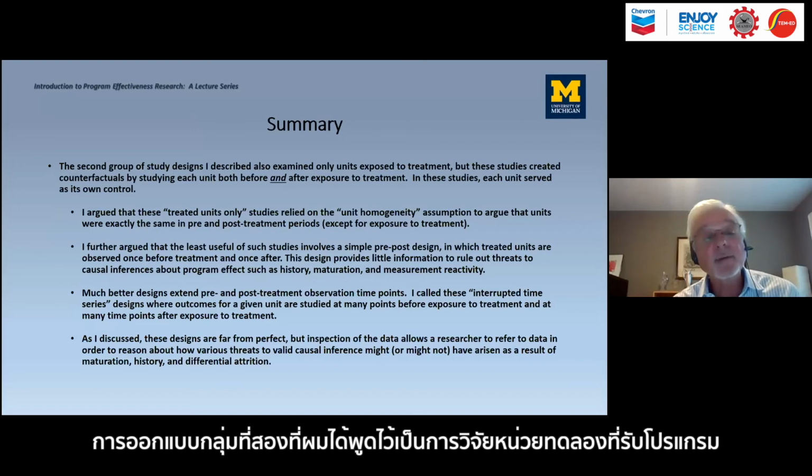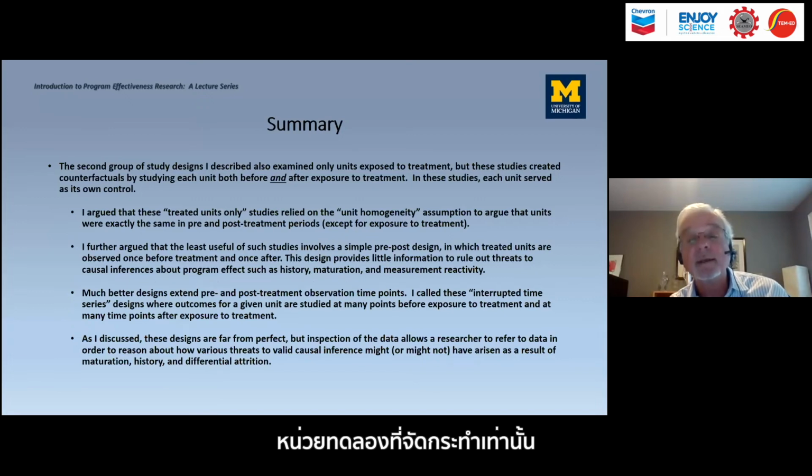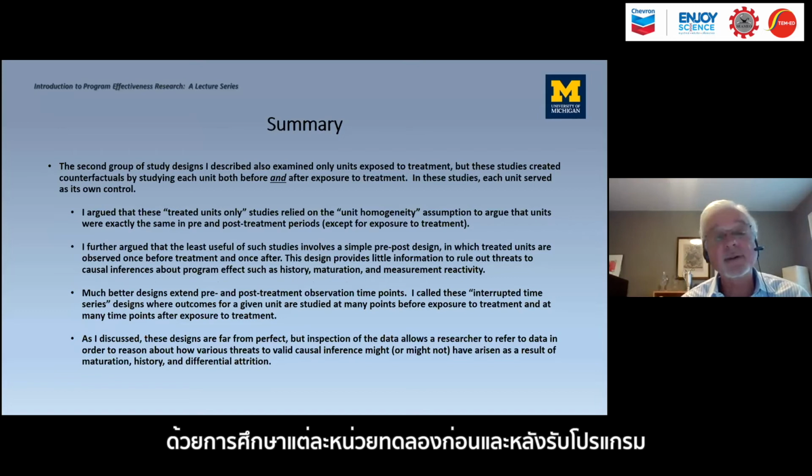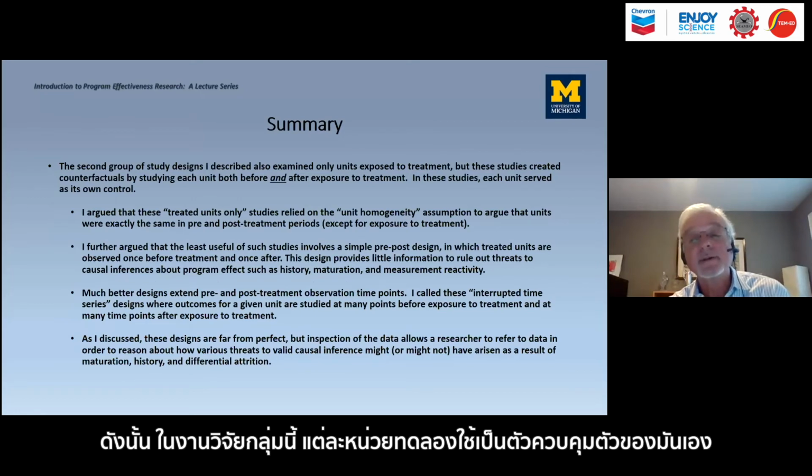The second group of study designs I described were also studies of treated units only, but they created counterfactuals by studying each unit before and after it was exposed to treatment. So in these studies, each unit is serving as its own control.